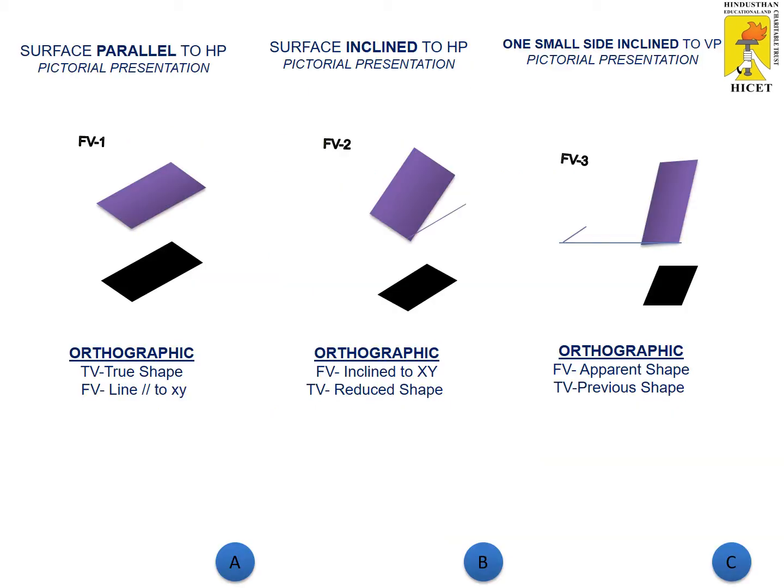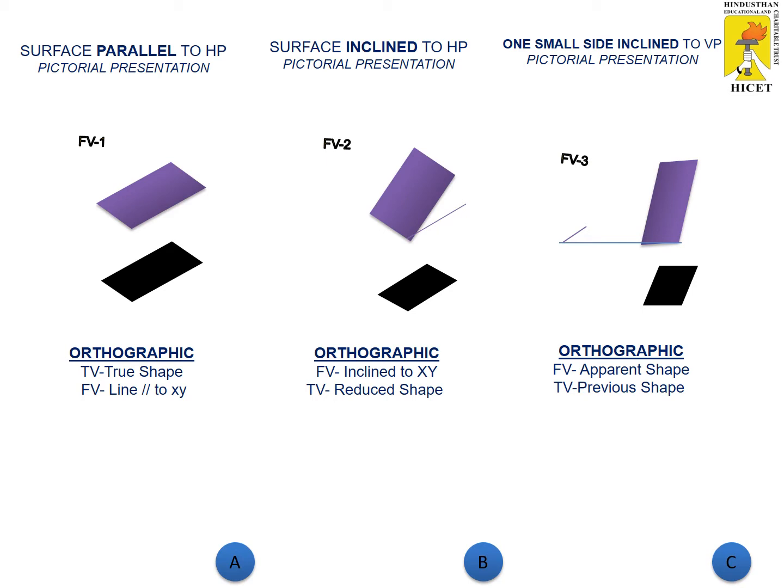See here, normally you will see three figures on the screen: surface parallel to HP, surface inclined to HP, and another one, a small side inclined to VP.